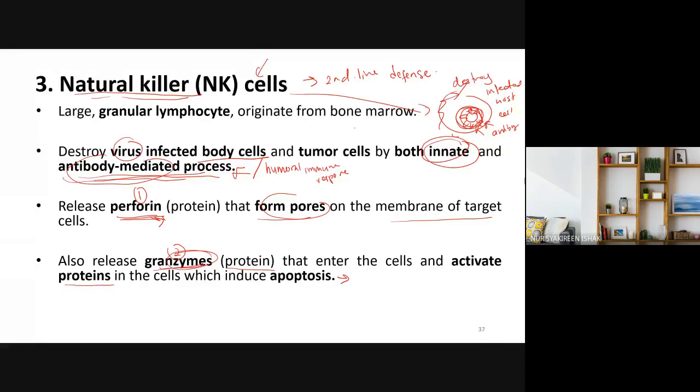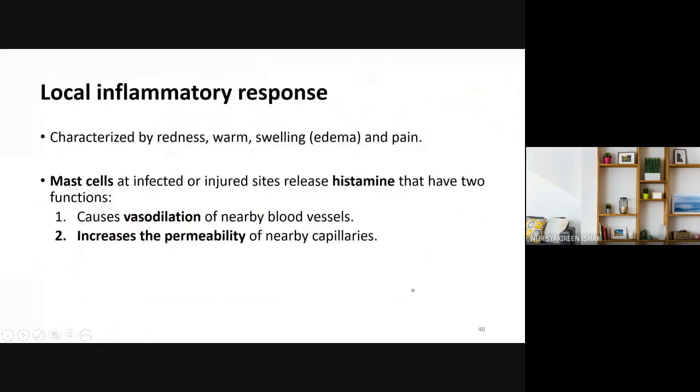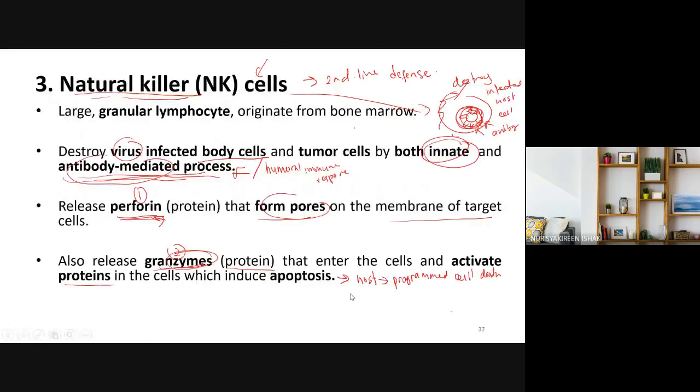A form of programmed cell death, or cellular suicide. So it causes the host cell to undergo programmed cell death, ataupun cellular suicide.